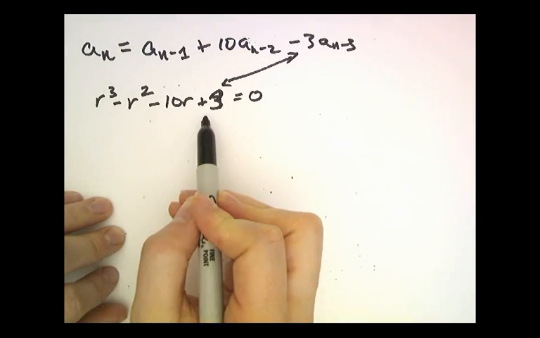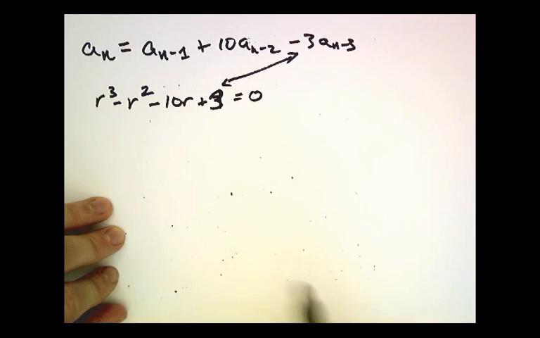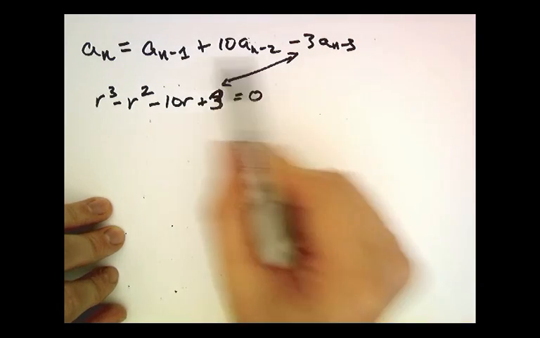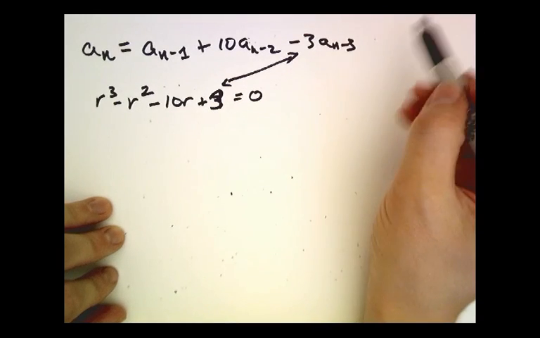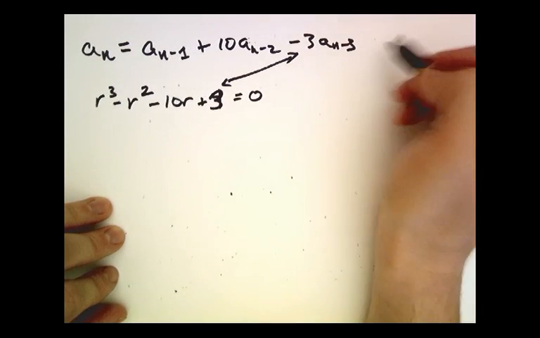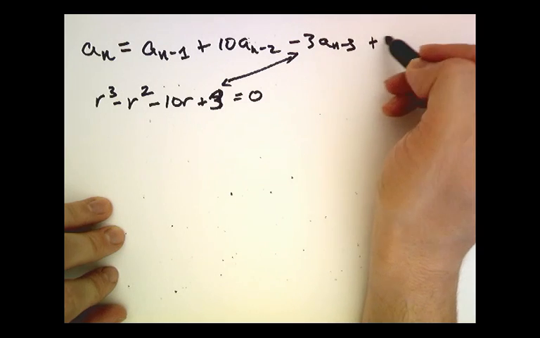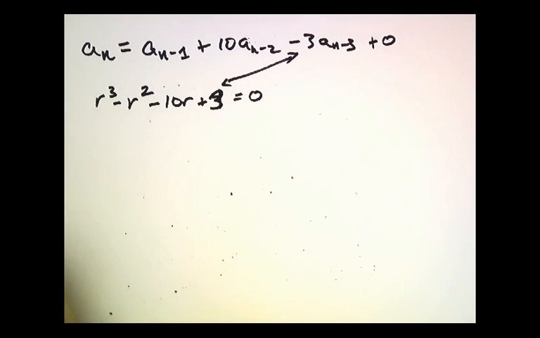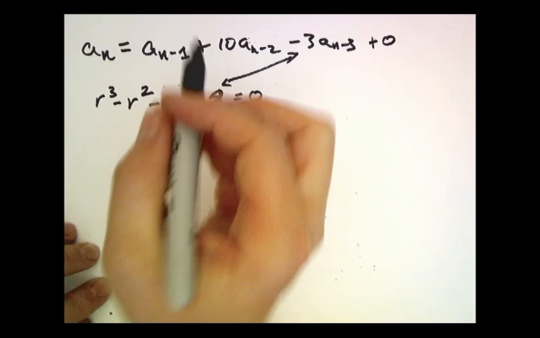And we would have to solve for roots of this cubic polynomial, and so on and so forth. As you get more complicated recurrences, these are called linear recurrences. And in fact, they're also called homogeneous linear recurrences because there's a plus 0 sitting at the end. Then you have to solve for roots of more complicated characteristic polynomials.